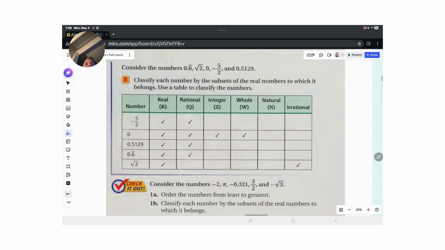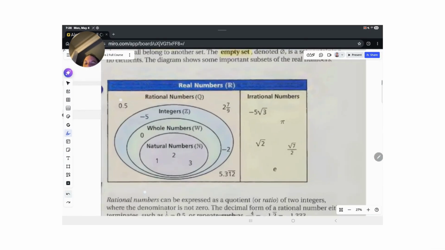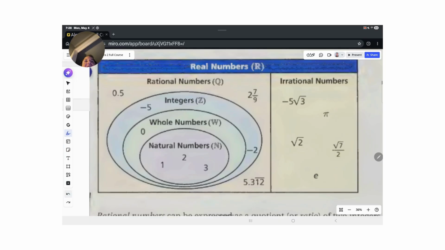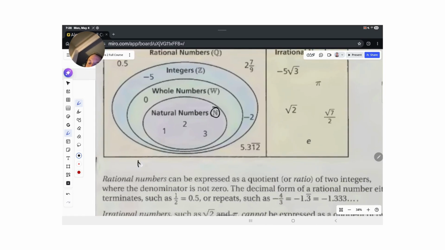So, why is 0 a whole number but not a natural number, for example? Let's go back and look at our visual here. This is standard mathematical convention, which is what our textbook uses. So for example, N will include 1, 2, 3, and on.